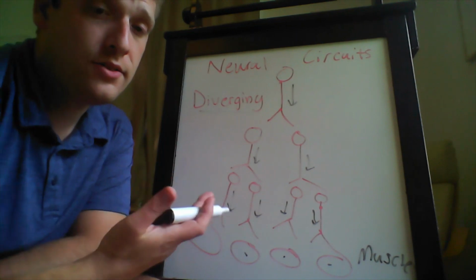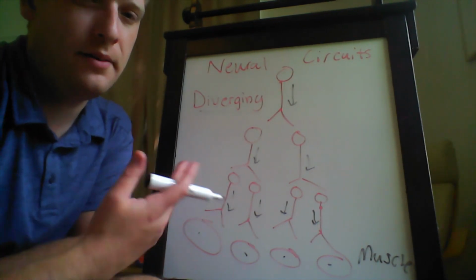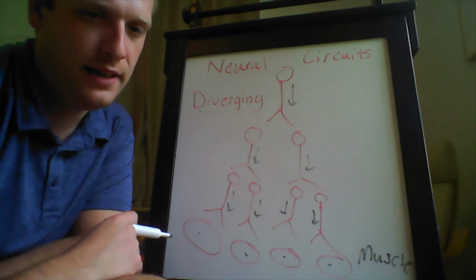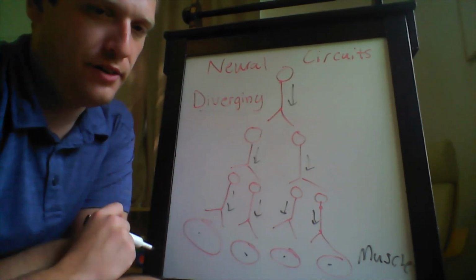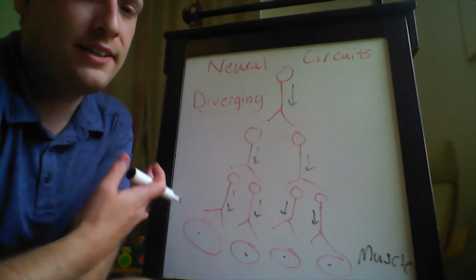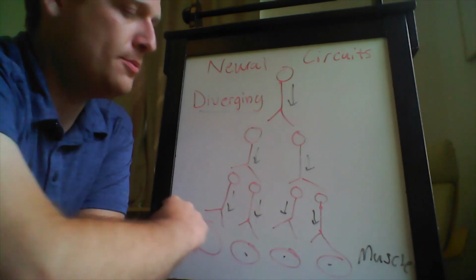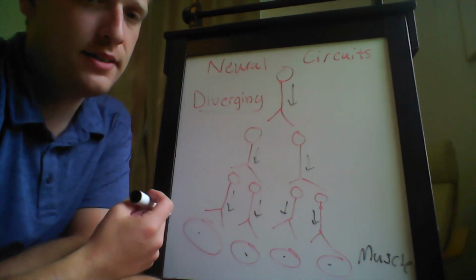And this is really helpful in the case that your brain needs to coordinate a particular movement, let's say, that requires stimulation of a number of different muscle cells at the same time. So in order to effectively do that, you would want all of those muscle cells to be under the control of a single stimulus.